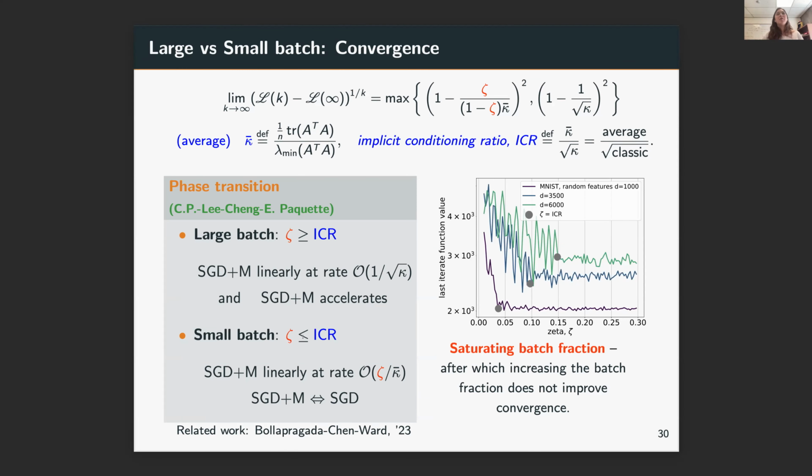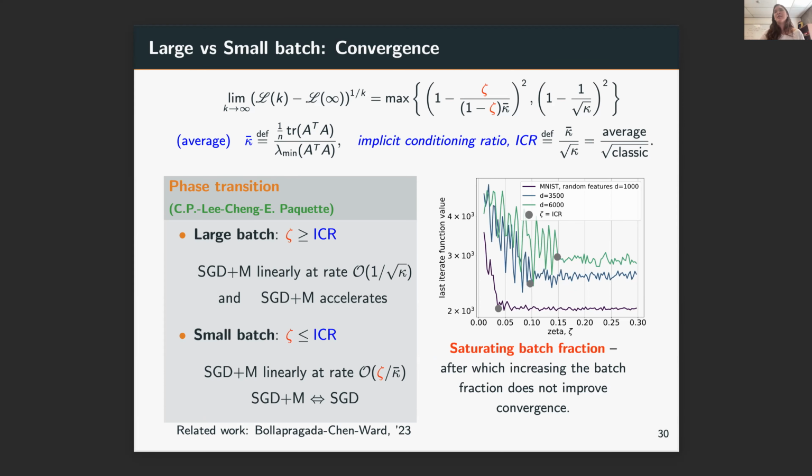You see a speed up. When you have small batch, you just get SGD, right? And what this also says is that there's a batch saturation effect, precisely where your batch fraction is equal to your ICR, meaning that if you add more gradients to your batch, you don't get any improvement in the convergence rate.